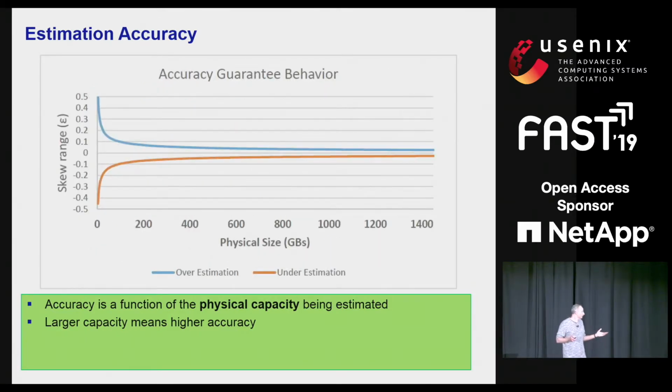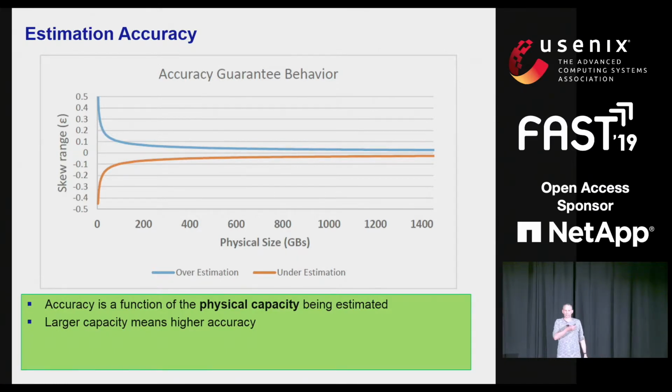It looks like this. So look at the graph. If we're trying to estimate for 1 terabyte, for example, the x-axis is gigabytes, then the skew in percent is around 2%, maybe less than that. If you're trying to estimate for 50 gigabytes, you don't get such a nice skew in percentage, but it's still meaningful information.